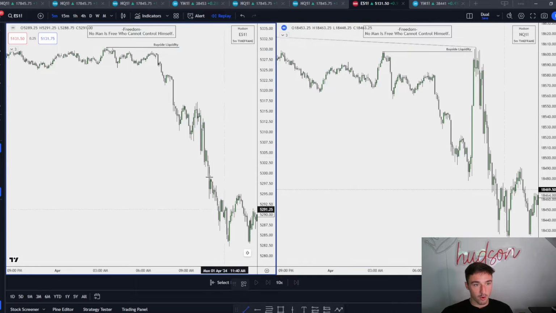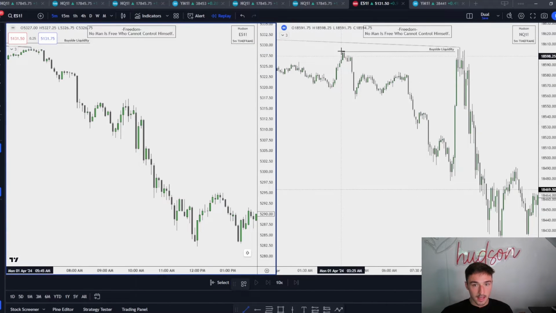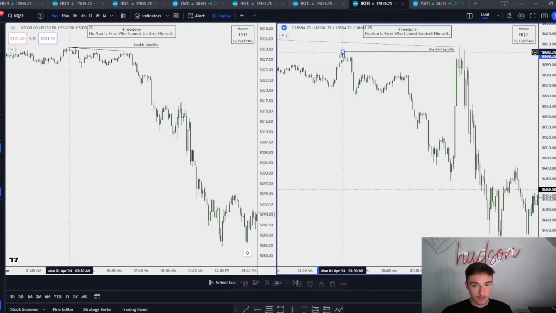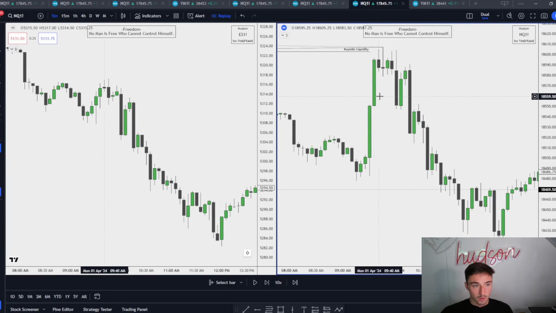So we actually form another SMT. Where's that high? Oh, the whole way down here on ES. NQ has taken out these highs. So NQ now has a lower time frame and a higher time frame SMT. So what do we do?